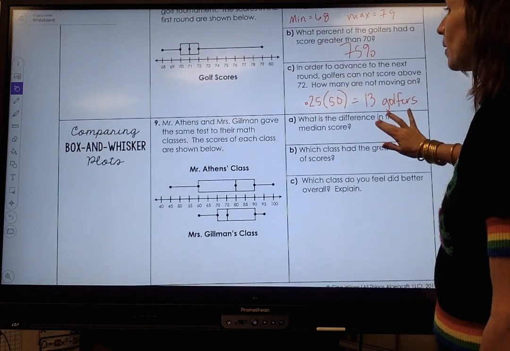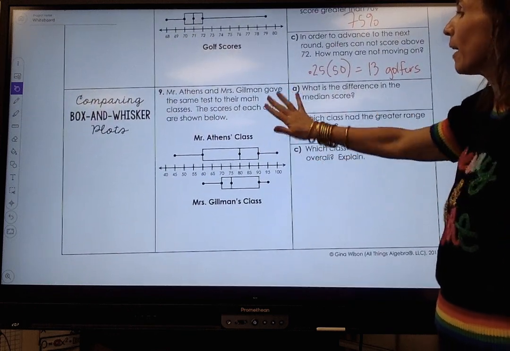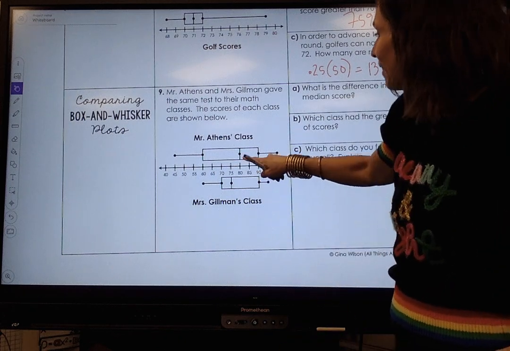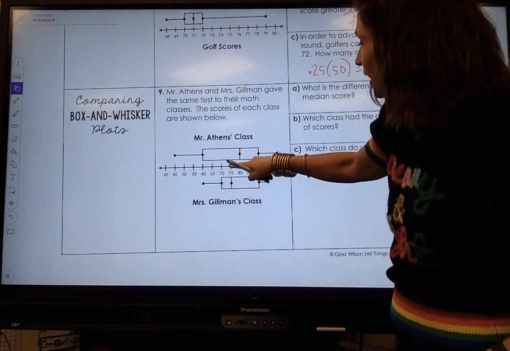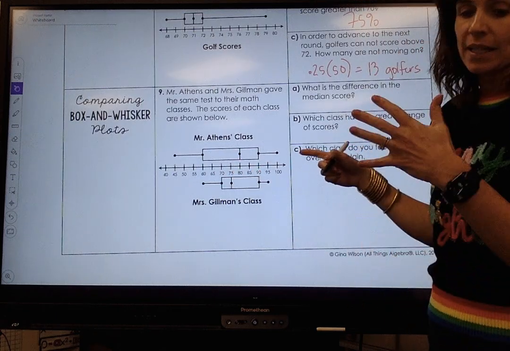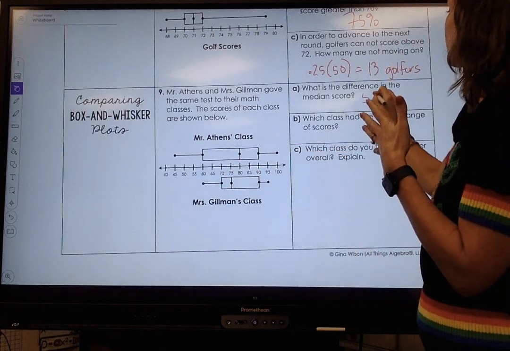Okay, so if we're comparing, what is the difference in the median score? Well, Athens' median score is an 80, and Gilman's is a 75. So the difference in the median is 5 points.